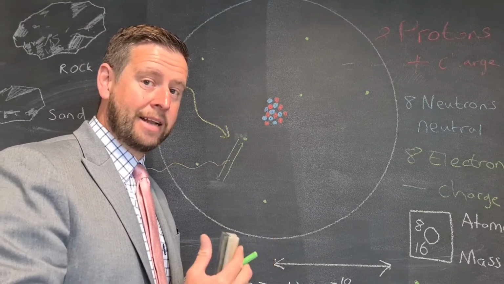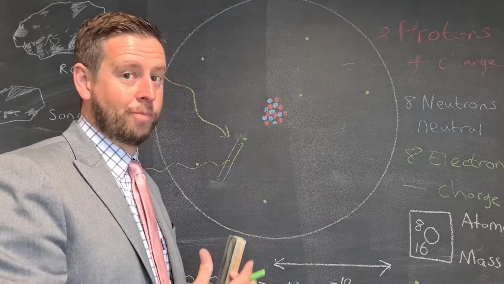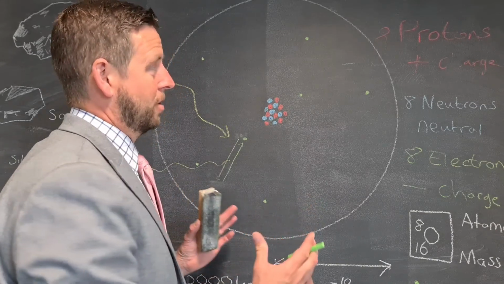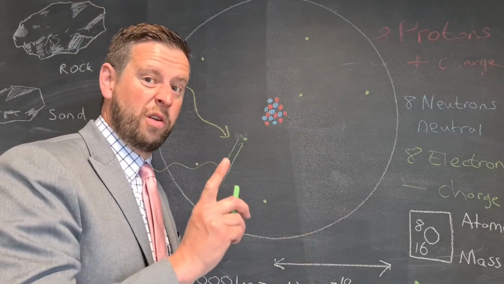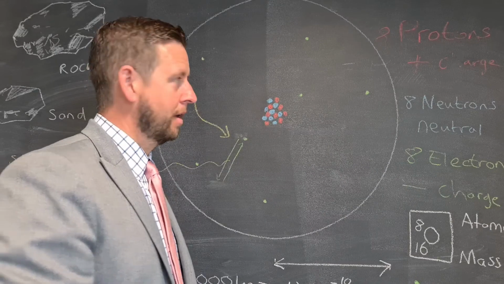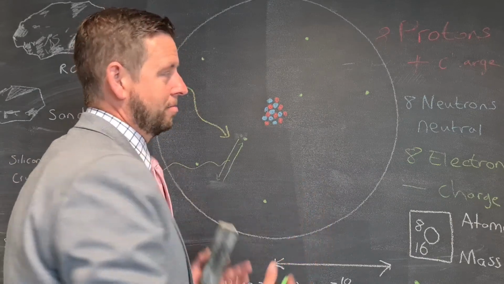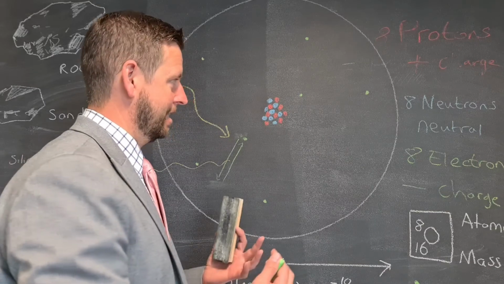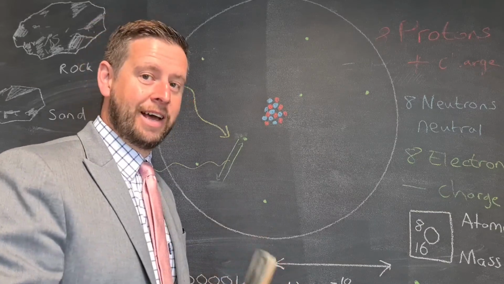There's no longer that balance of charge. There's now more positive charge than negative charge. This whole thing has become charged by 1, where 1 is the amount of charge that a proton would hold. This whole atom, if it has gained a charge, is given a new name. We call it an ion.